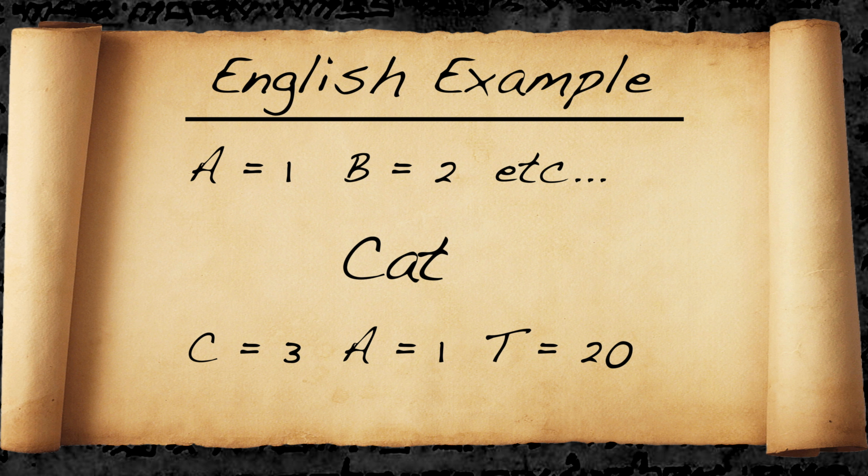Then I could add up all the numbers and get the word cat in English gematria, which is 24. Now, in English, we don't do this very often, but in ancient Hebrew, they did this all the time. So we have to ask ourselves, what is the significance of the numerical value 14, 14, 14?